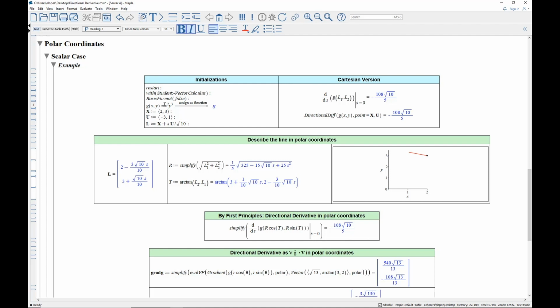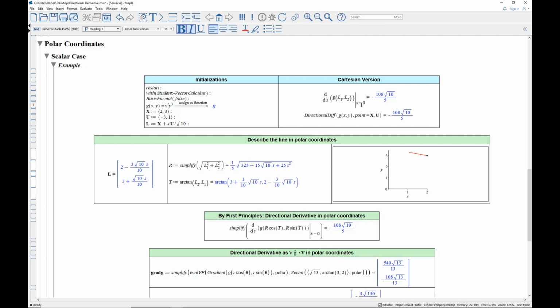So some initializations. I have taken a Cartesian function, x squared y cubed, a point, a direction, and a line in Cartesian coordinates. The function g is evaluated along the line.